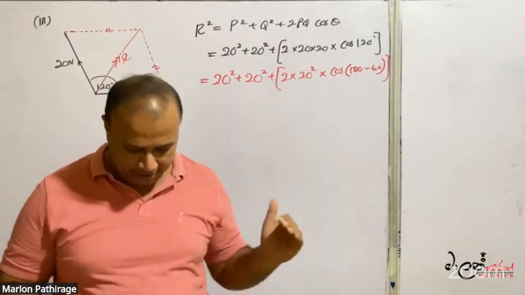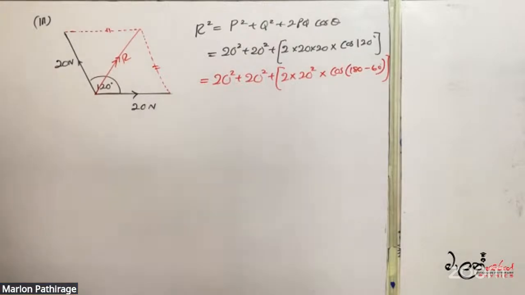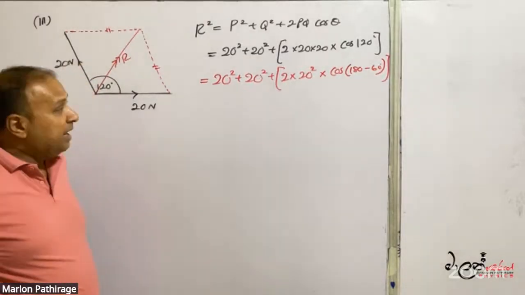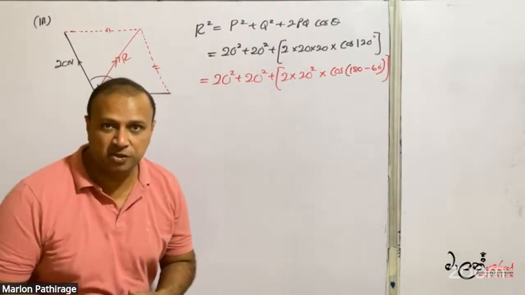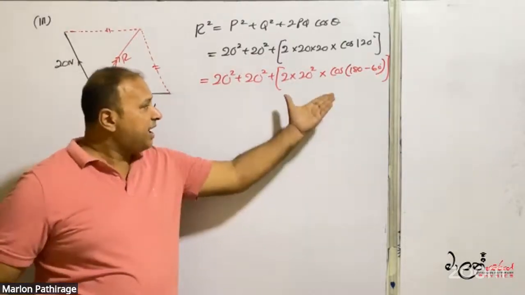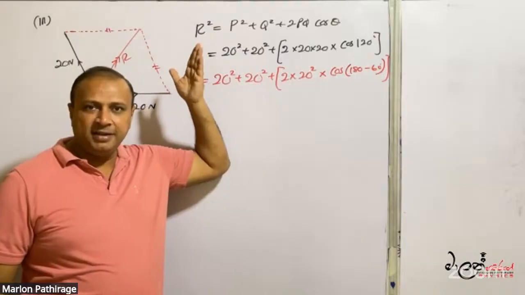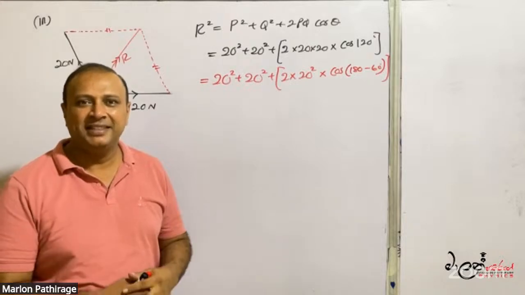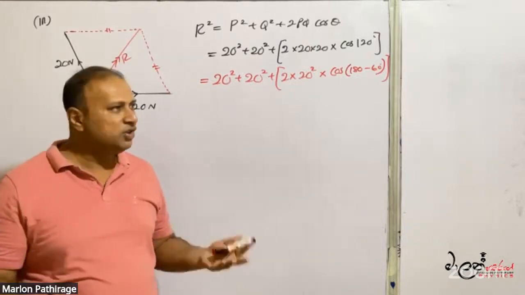As we discussed in the trigonometric lessons, if the angle exceeds 90, then we can use this kind of method.